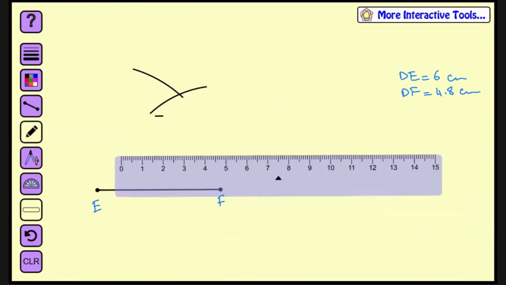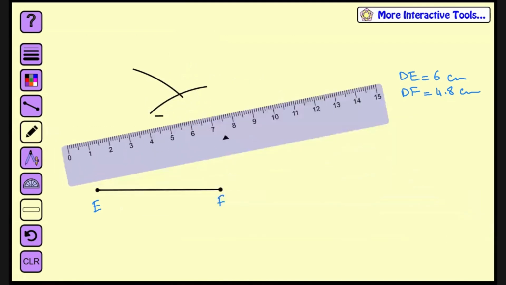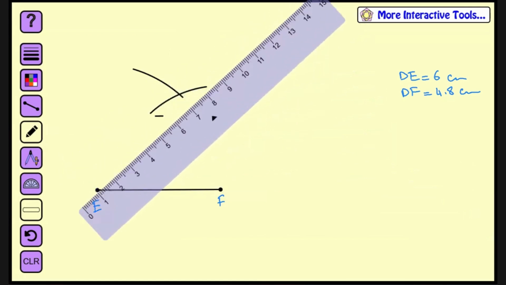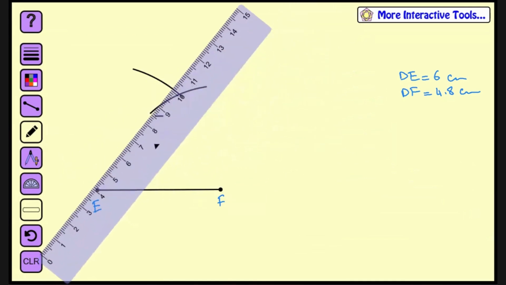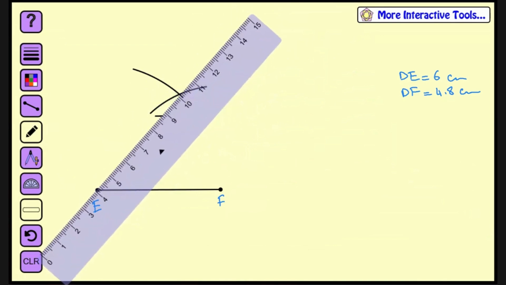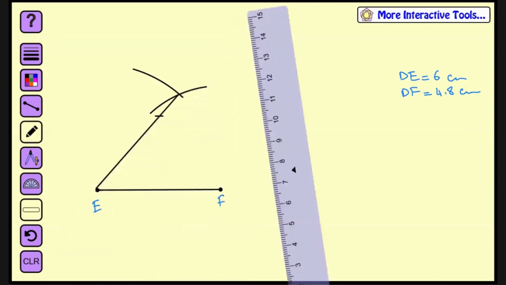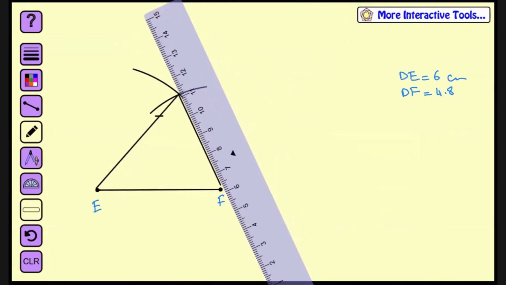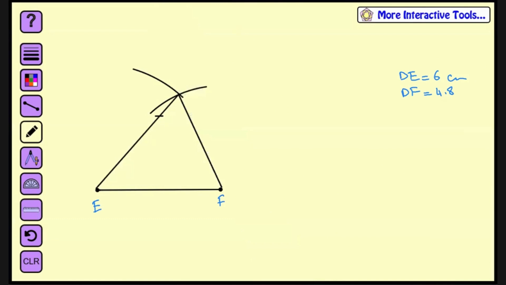So now, using our ruler, we will connect point E with the intersection of the two arcs, which is this over here. This is where your point D is located. And same thing with point F. And that is triangle DEF. This length is 6 centimeters.